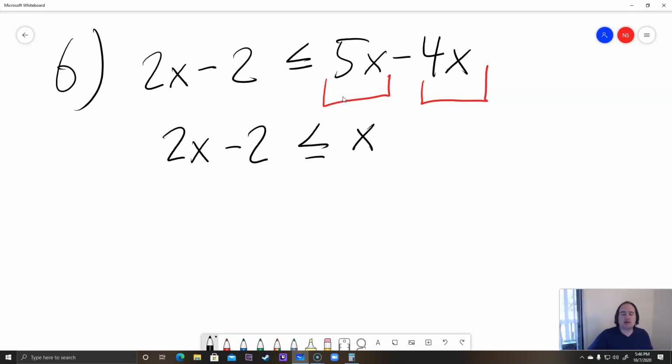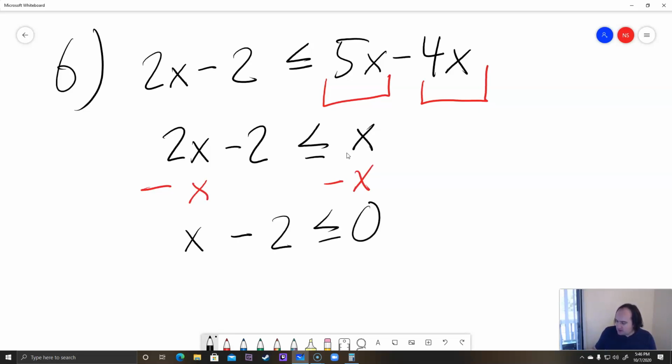But we don't want to isolate x on the right side. We want to isolate it on the left side. So we need to get rid of this x on the right side. So we'll get rid of it by subtracting x from both sides. Okay, so on the left side, 2x minus x is x. So we have x minus 2 is less than or equal to 0.